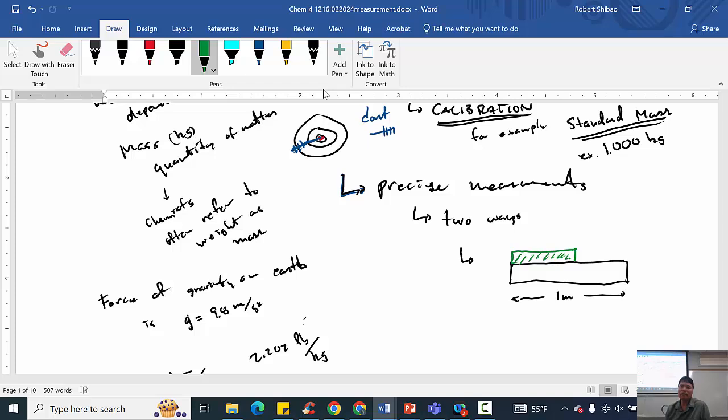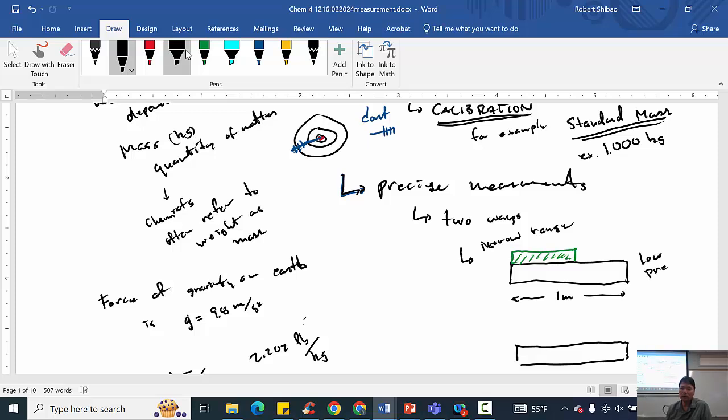One way we think of precision is by how narrow this particular range can be. So this would be a low precision ruler, let's say, or meter stick.